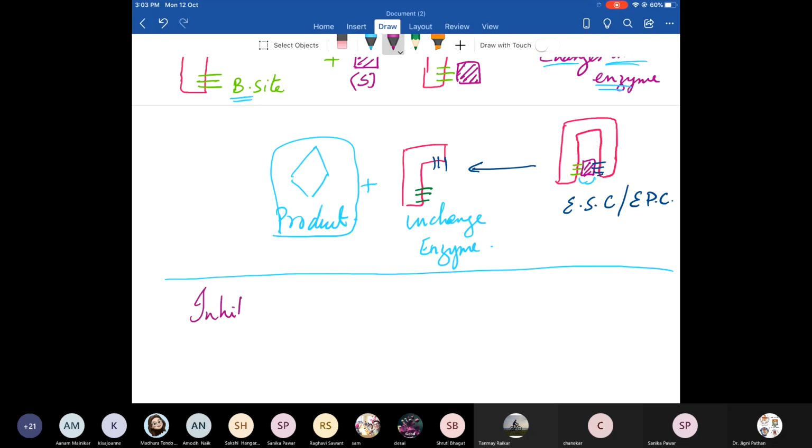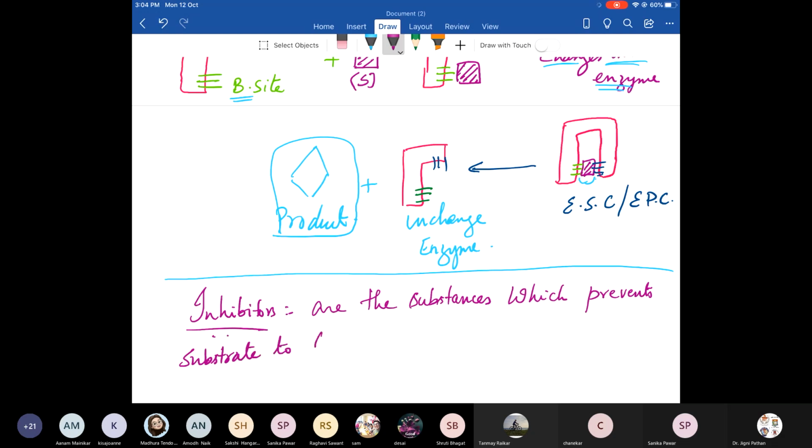Write down inhibitors. Inhibitors are the substances which prevent substrate to convert into product by binding with enzyme.